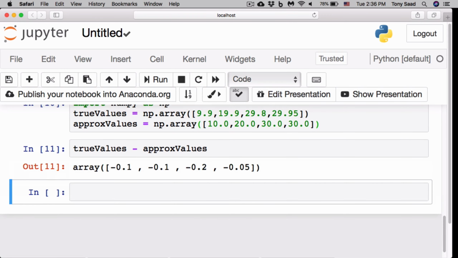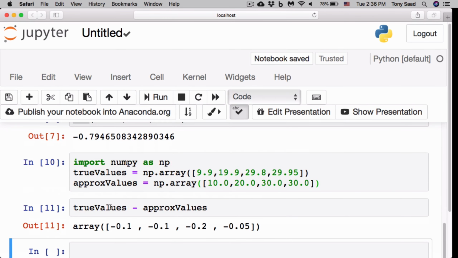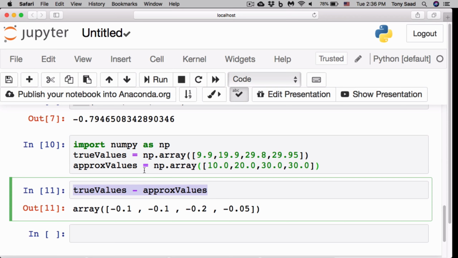Yeah. So now, when I take the difference between these two NumPy arrays, what it does, it takes the difference pointwise. 9.9 minus 10 is minus 0.1. 19.9 minus 20 is minus 0.1. 29.8, and so on. Okay, so we calculated 4 true errors, okay, in one shot.